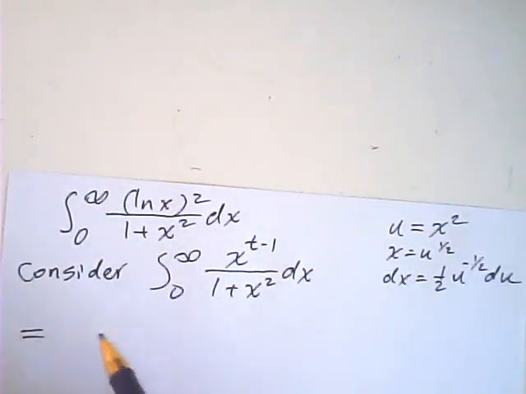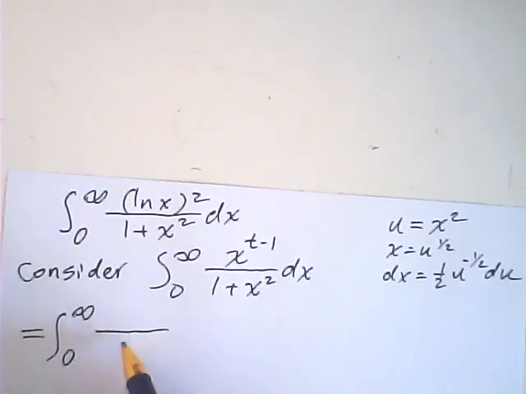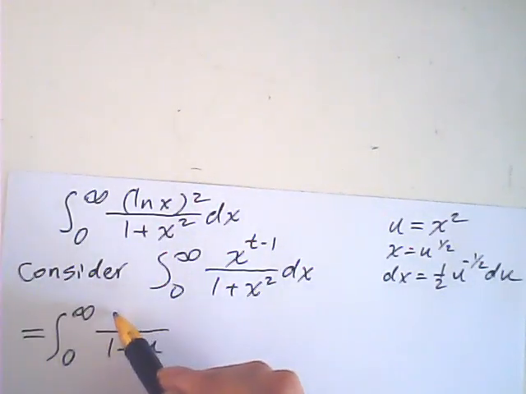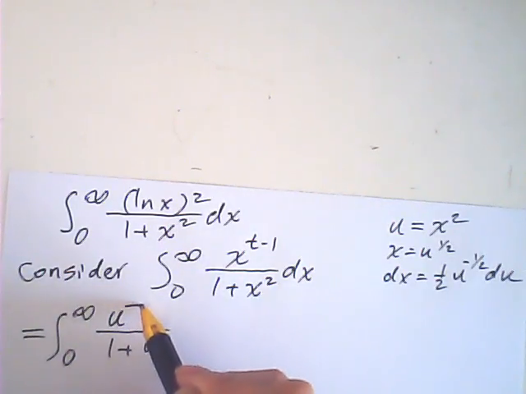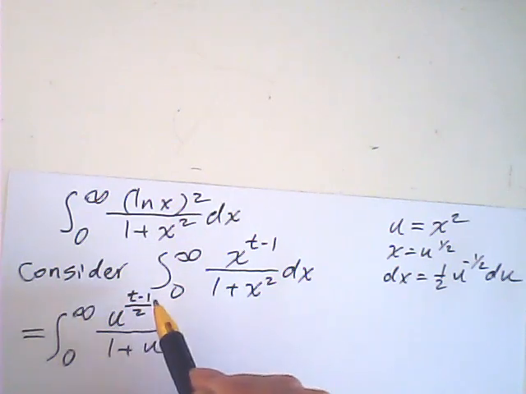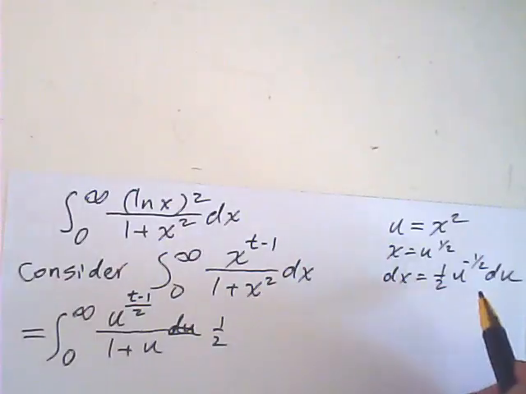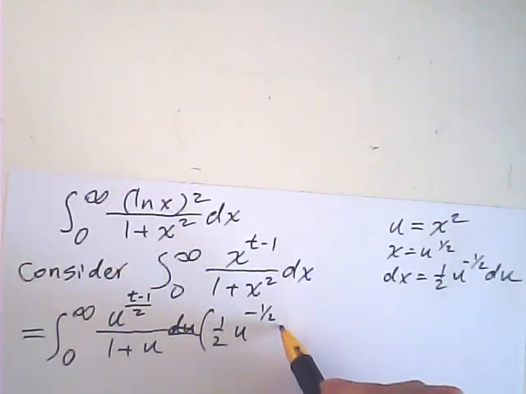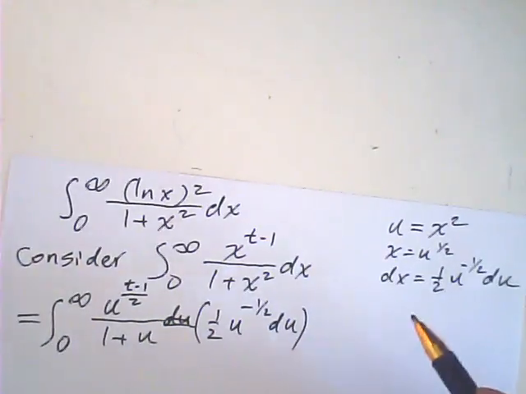So my integral becomes 1 over 1 plus u, times u to the half t minus 1, and dx is this.